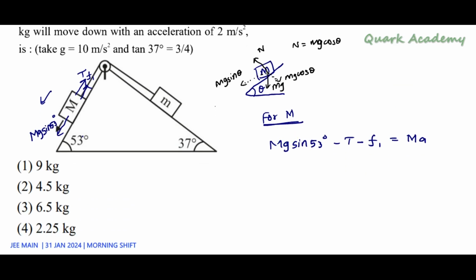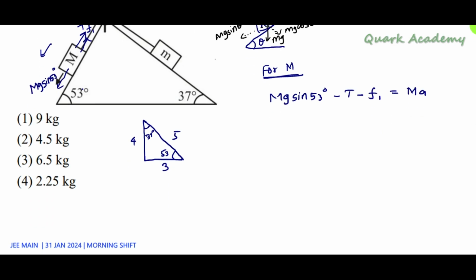Since sine 53 is there, this is a kind of special triangle. If we have a right angle triangle whose sides are 3, 4, and 5, the angles are going to be 37 and 53. So this will be 53. This is going to be 37 degree. With this, we can write all the sine and cos values. So let me just write it because we will need it.